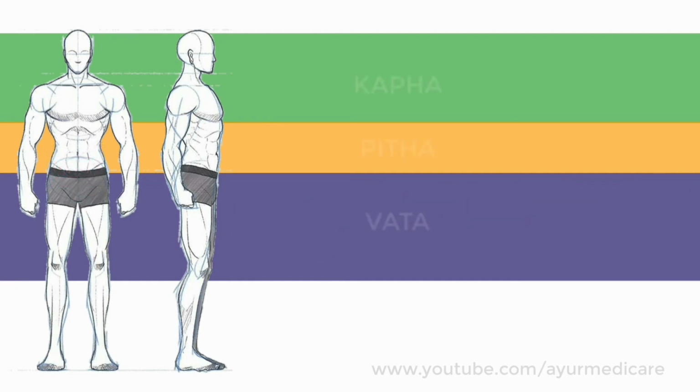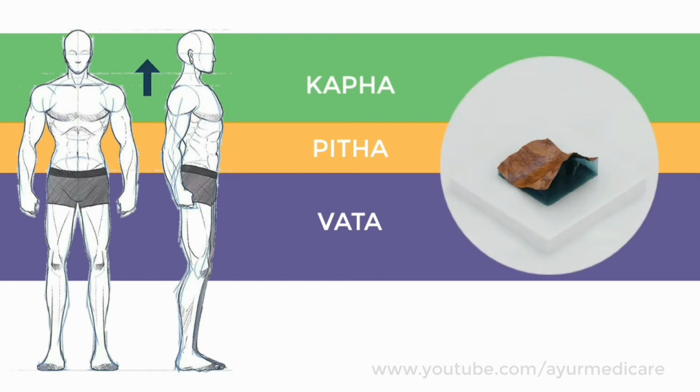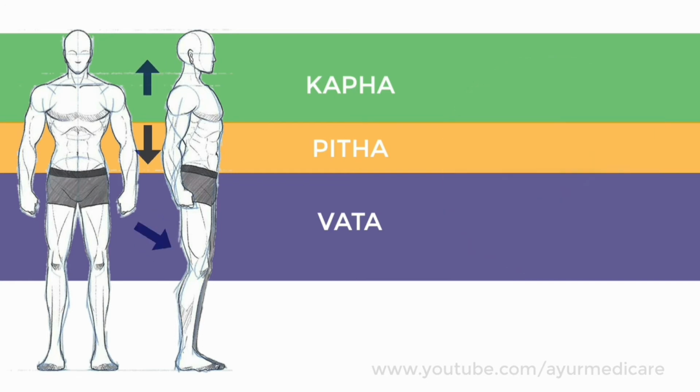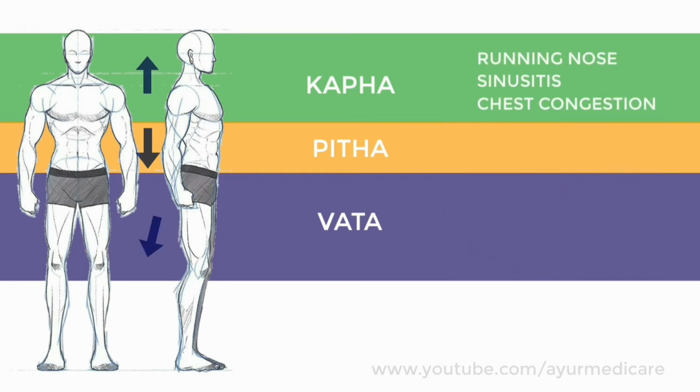Now, the doshas are distributed in their respective locations for a reason. Their qualities can get increased or aggravated or diminished or even deranged in their own places, and that is the reason for illness. For example, running nose, sinusitis, chest congestion, etc. in the kapha place.